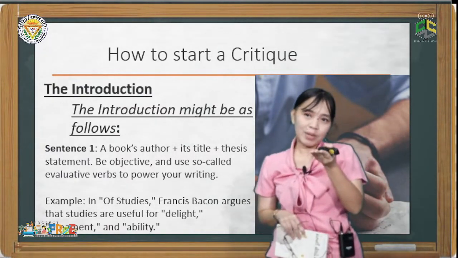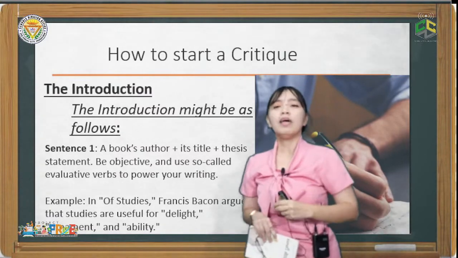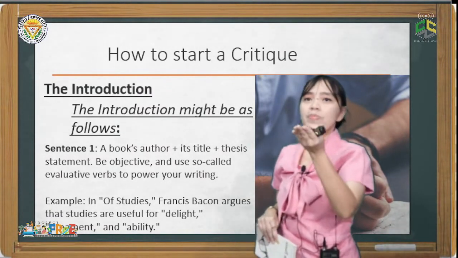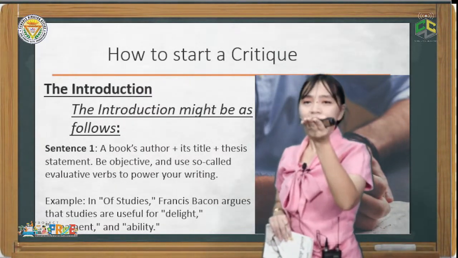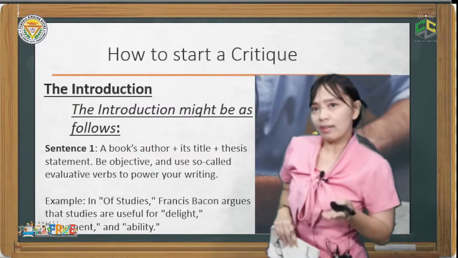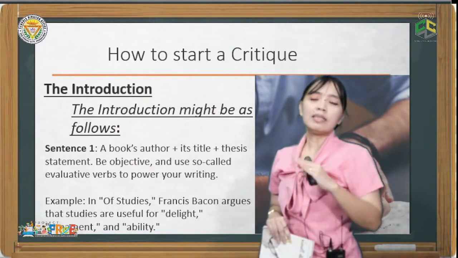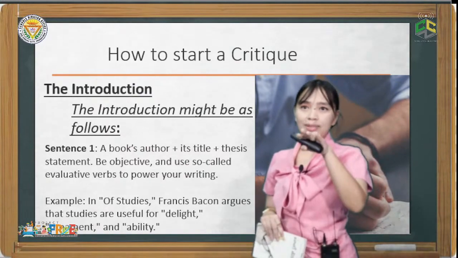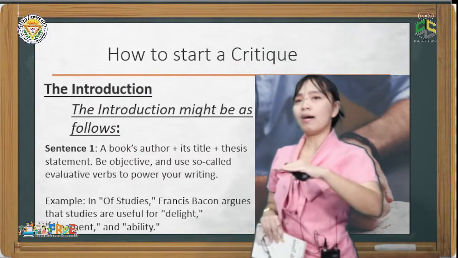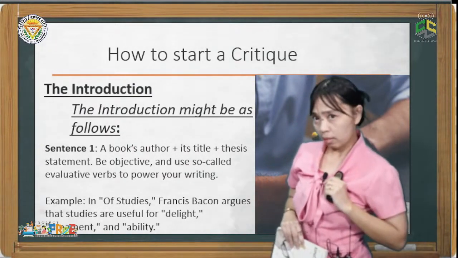This is Francis Bacon. In his essay Of Studies, Francis Bacon argues that studies are used for delight, ornament, and ability. So this is one example of what I have talked about in sentence 1.